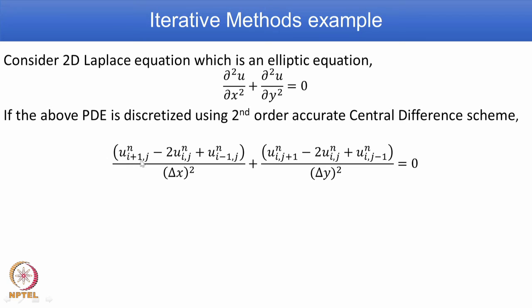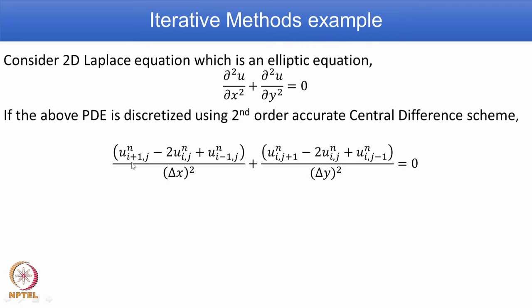So, let me read that term: u i plus 1 j n minus 2 u i j n plus u i minus 1 j n divided by delta x squared. This is a central difference scheme applied to the first term in this equation, del squared u by del x squared.